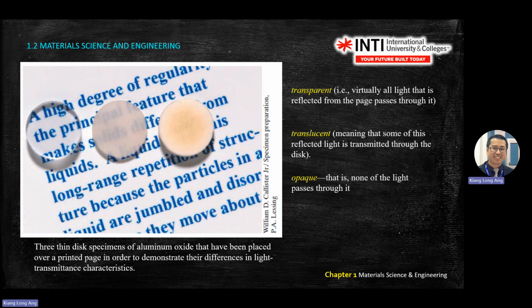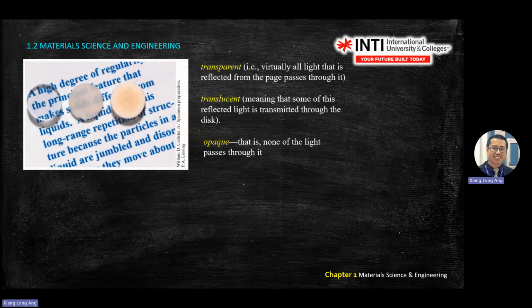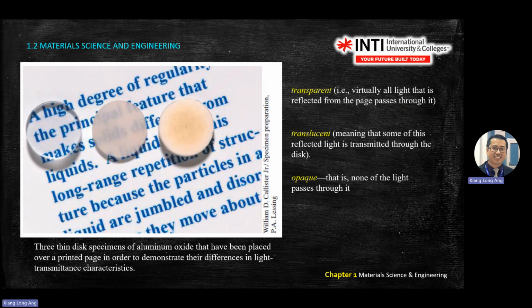You can see through a little bit, but not very clear. So there are three types of optical properties: transparent, translucent, and opaque. Right. So this one is aluminum oxide. All three of these are aluminum oxide, but they behave differently in their optical properties. This is related to the way of manufacturing and the way of curing the material.